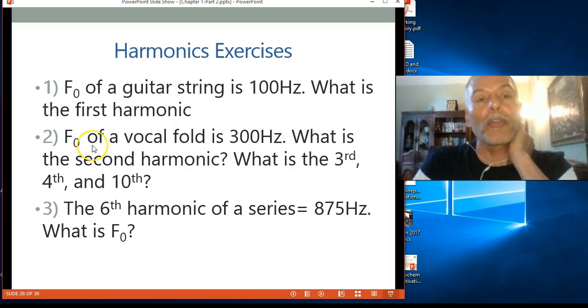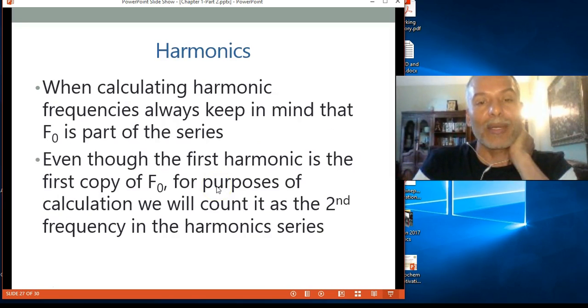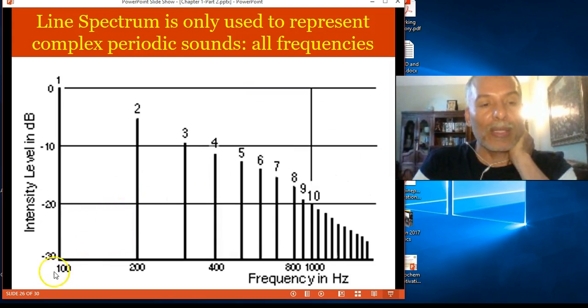If the fundamental frequency of a vocal fold is 300 Hertz, what is the second harmonic? Now it becomes a little bit dicey because you need to calculate what is the third and what is the fourth. Let's go back here. Let's pretend this is 300. So the first harmonic is going to be 2, that's the second in the series. 2 times 300 is going to be 600.